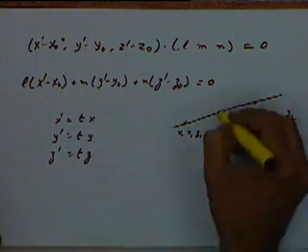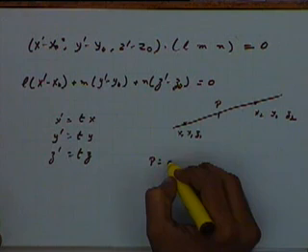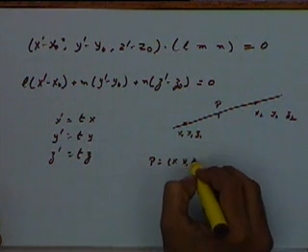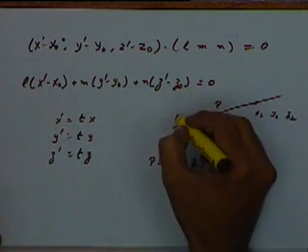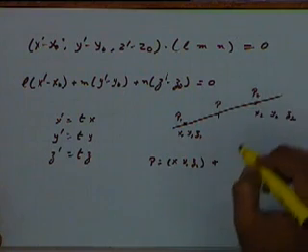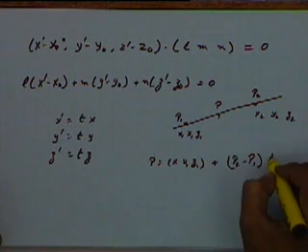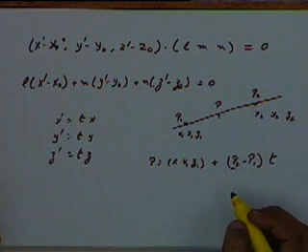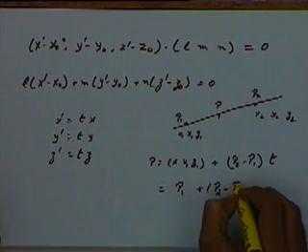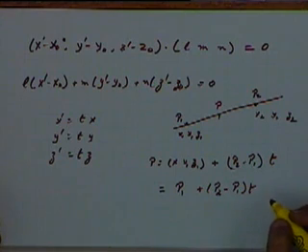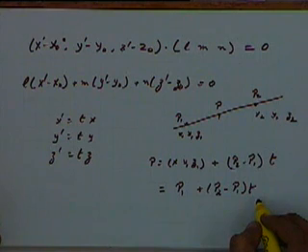Using vector notation, let's say if this point is P, we can say that P will be equal to x1 y1 z1 plus, let's call this P1, let's call this P2, plus P2 minus P1 times t. Or we can say it is P1 plus (P2 minus P1) times t. Any point P on this line can be given by this relation.